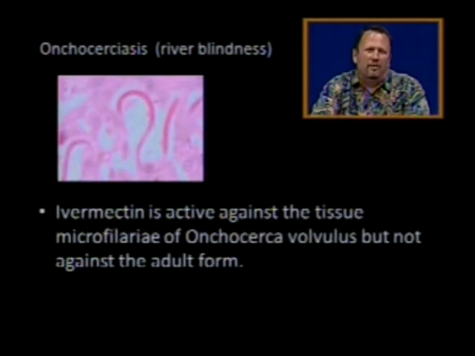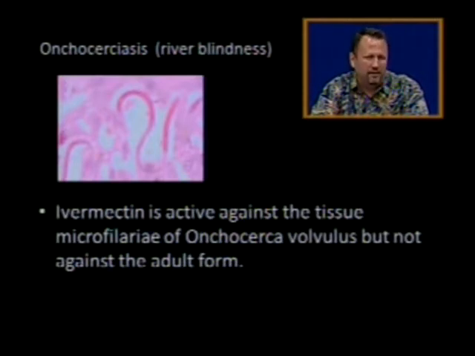The thing to know about onchocerciasis, river blindness, and the treatment with ivermectin is that the drug is active against tissue microfilariae, the babies of the Onchocerca volvulus roundworm, but the drug does not work against the adult form of the roundworm.